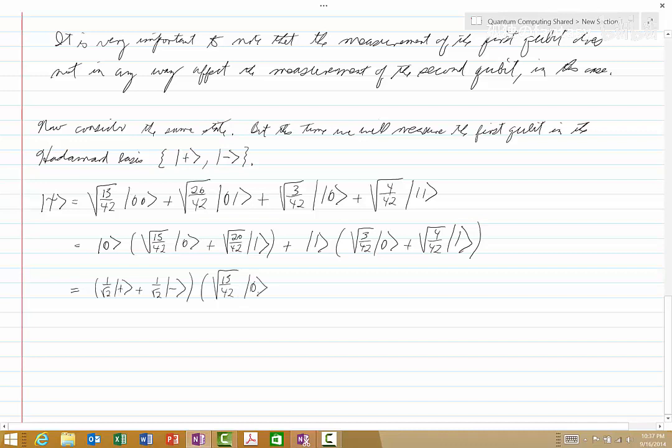Now we keep the second qubit of the state in the standard basis. There's no need to change it because right now we're just talking about measurement of the first qubit. Plus square root of 20 over 42 |1⟩.